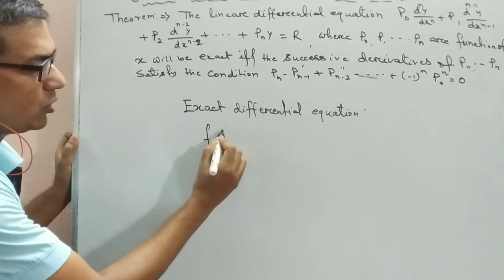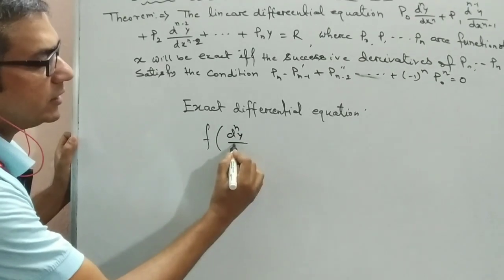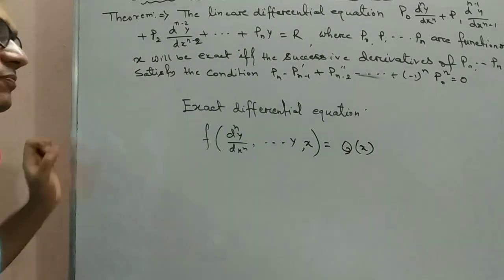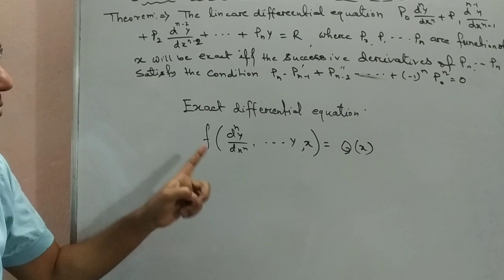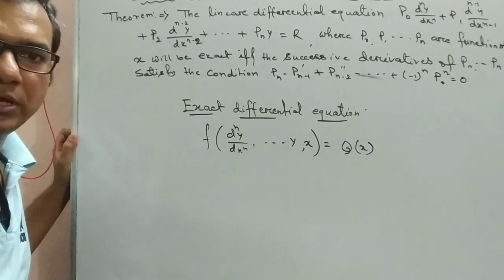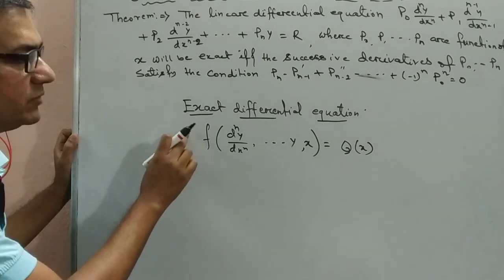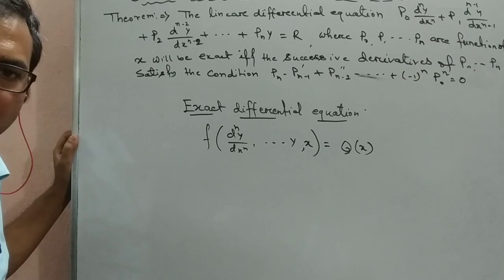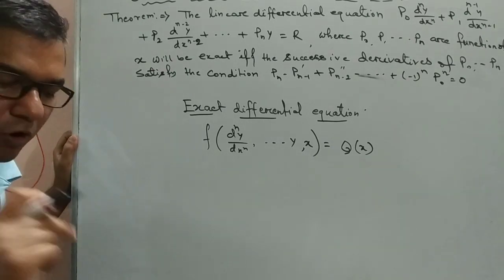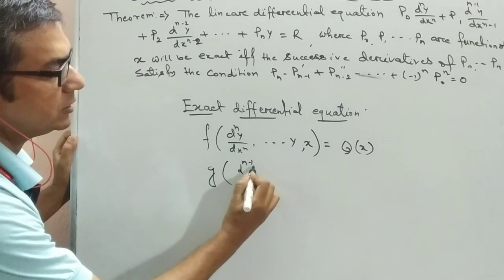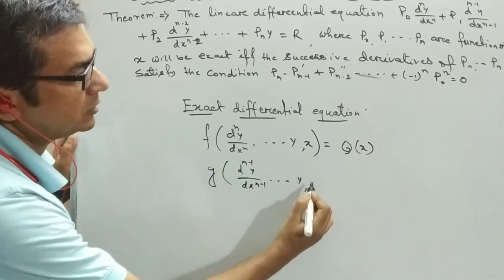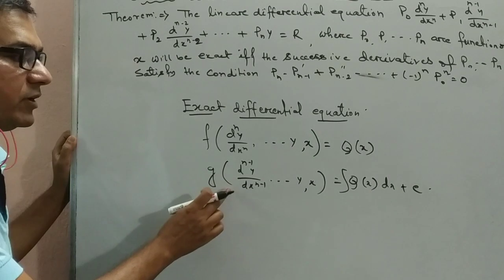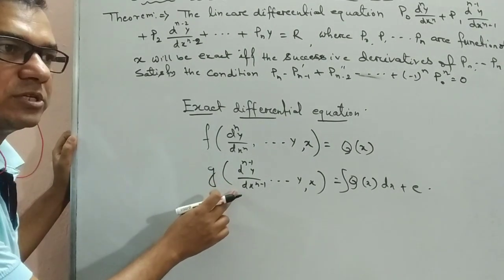A differential equation of the form f of d^n y by dx^n, up to y, x equal to Q of x is said to be an exact differential equation if we get this differential equation by differentiating another differential equation of the form, which is also a differential equation but of order n minus 1.